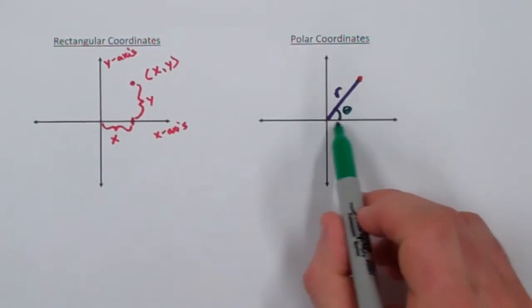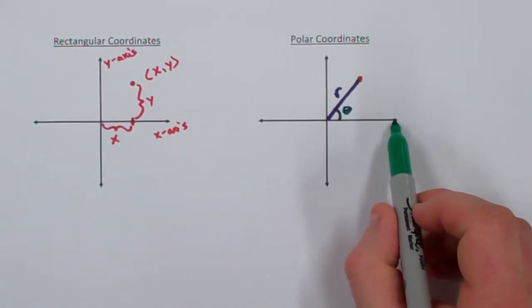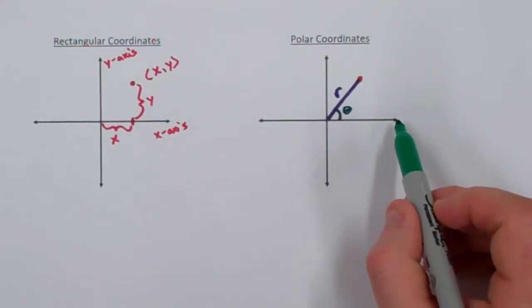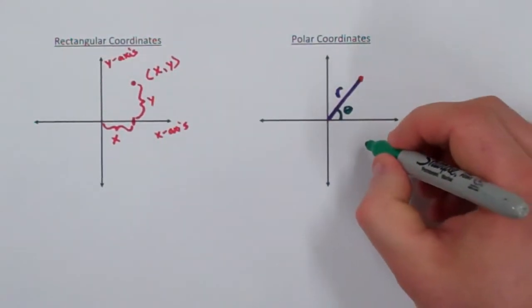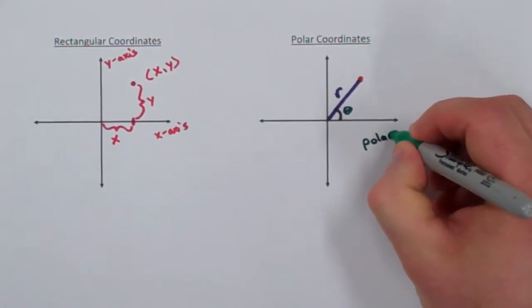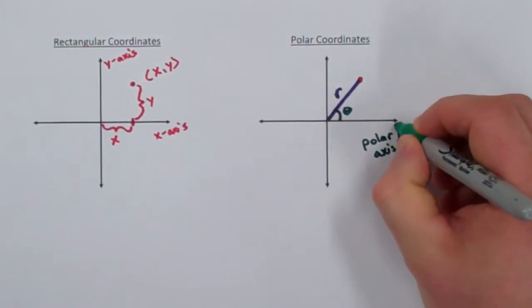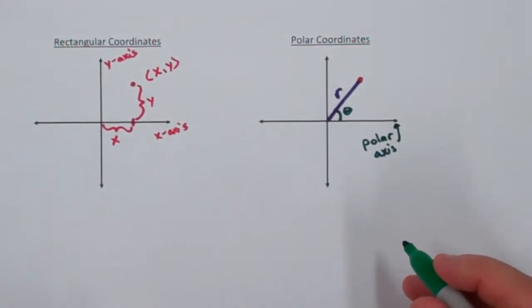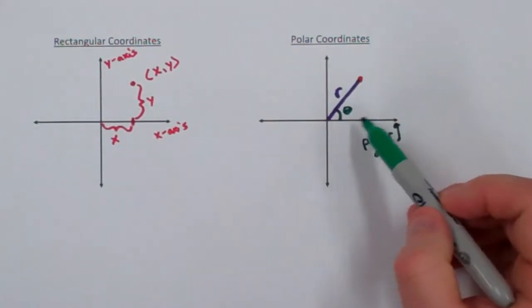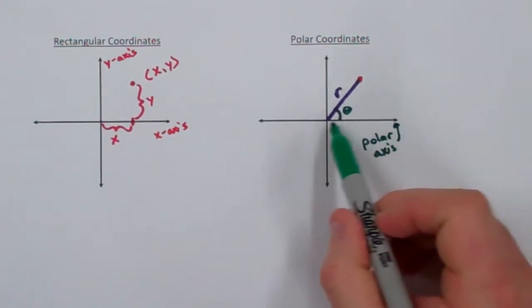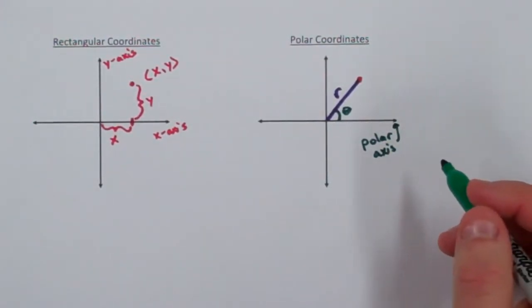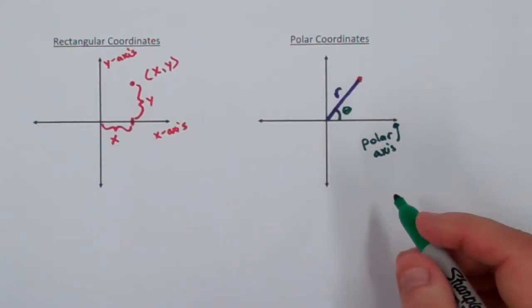Actually, this is not the positive x-axis anymore, because this isn't the rectangular coordinate system. We call this the polar axis, but it's in the same location as the positive x-axis. All you're doing is drawing an angle in standard position, with the polar axis being the initial side of that angle.